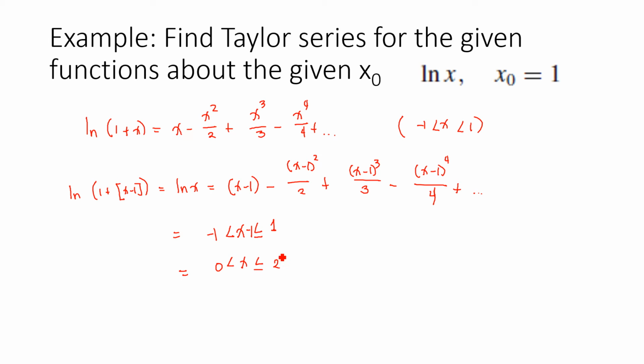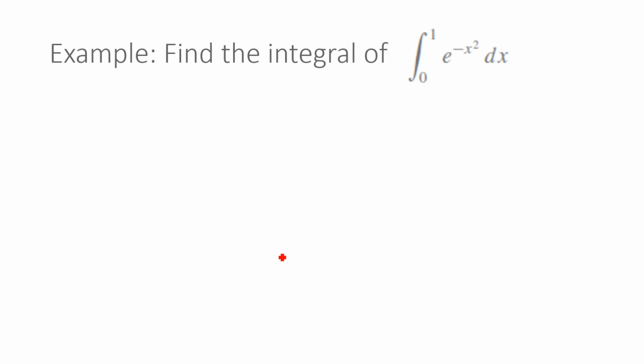Okay, so let's have this one. Find the integral of e raised to negative x squared from 0 to 1. E raised to the power of negative x squared dx from 0 to 1.